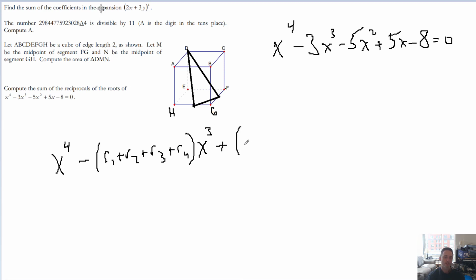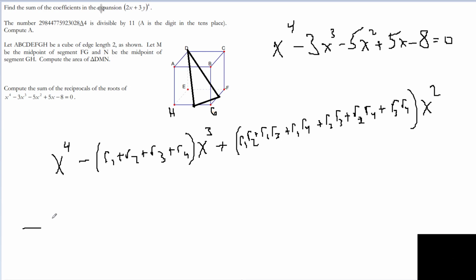Then plus the sum of the roots taken 2 at a time: r1 r2 plus r1 r3 plus r1 r4 plus r2 r3 plus r2 r4 plus r3 r4, times x squared.